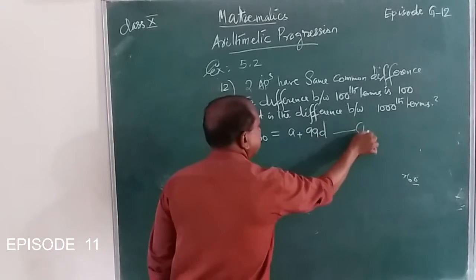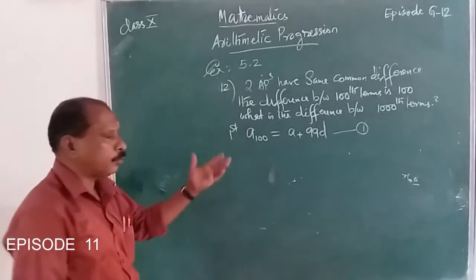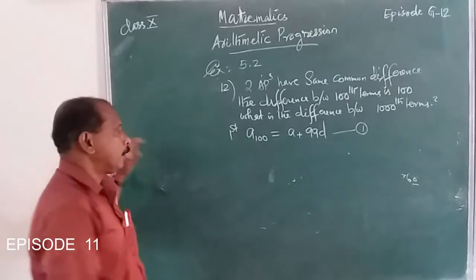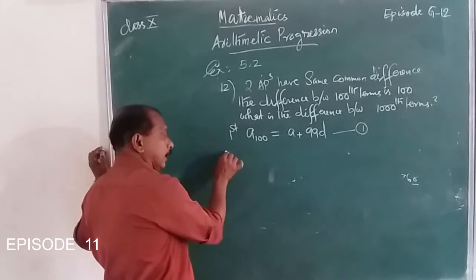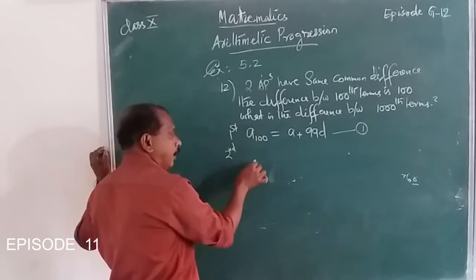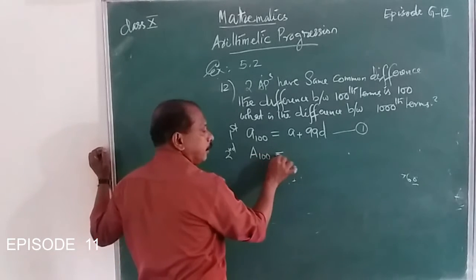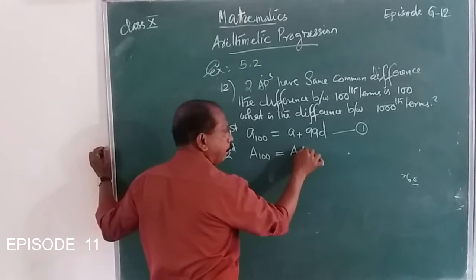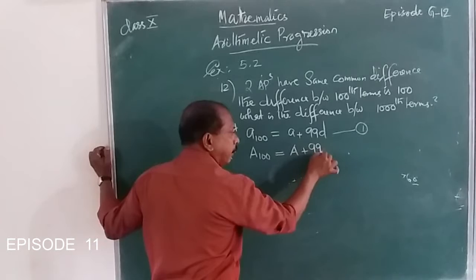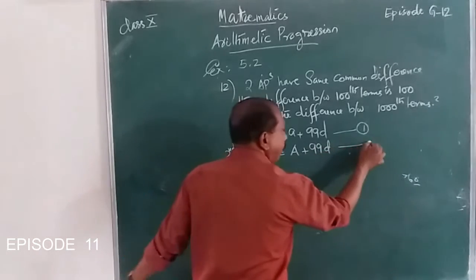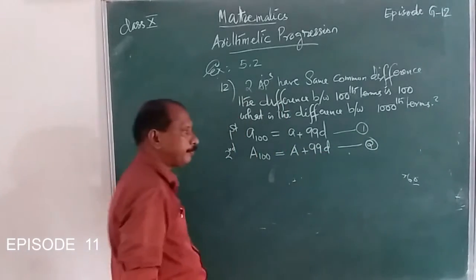That is one equation. There are two different arithmetic progressions, therefore we write for the second, capital A100 is equal to capital A plus 99d. That means these common differences are the same.